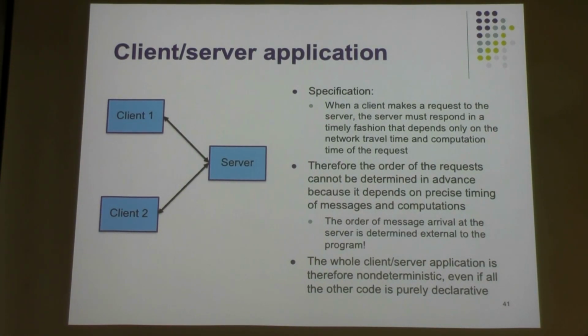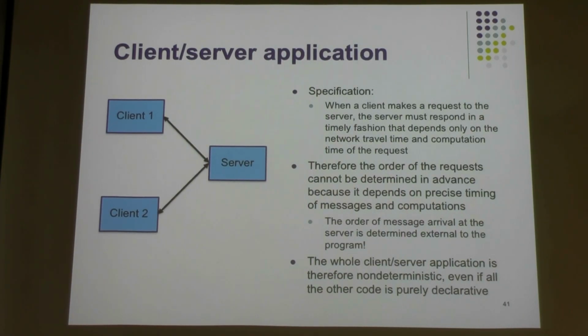So you cannot determine the order in advance. It depends on the precise timing. So the server doesn't know which client request is going to arrive. It's either 1 or 2, if there's 2 clients, and you don't know which. So this is non-determinism, because you have to treat the first one that arrives, and the programmer cannot predict it.